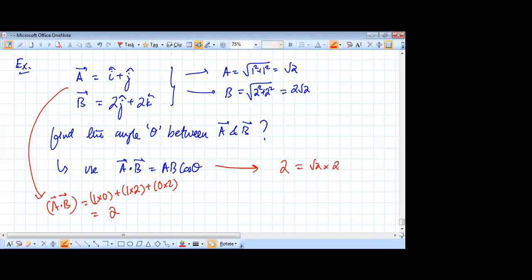Root 2 into 2 root 2 into cos theta. Yes, very good. So theta is 60 degrees. Okay, so you can see that 2 is equal to 4 cos theta. So cos theta is equal to half, which means that theta is equal to 60 degrees. So this type of question also becomes important. Okay. Is it clear, people?